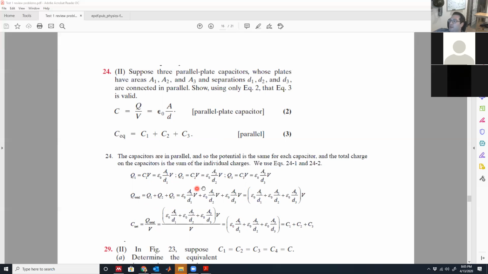So then we have this equation over here, right? Now we simplify it to this, right? And finally, to calculate the net capacitance of the whole entire system, the three capacitors combined, all we have to do is divide the total charge by the voltage. Right.